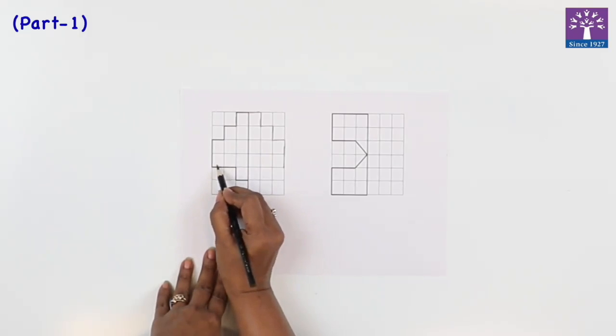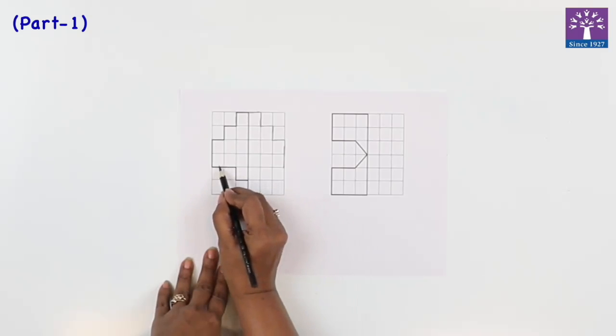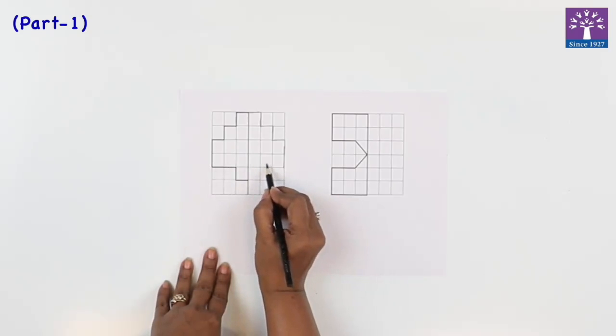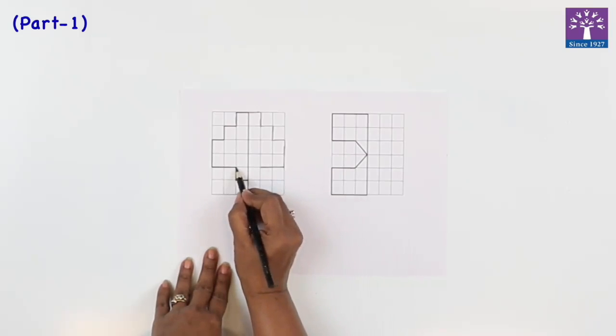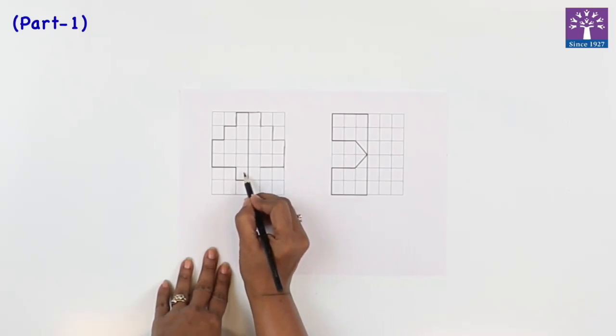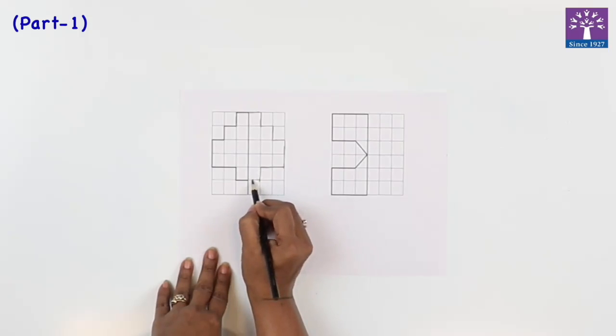So 1, 2 and 3. Here it is 2 and 3. Similarly 1, 2 and 3 on 2 and 3. Then from this point, see, these are the same points. We will draw a vertical line and then connect it.